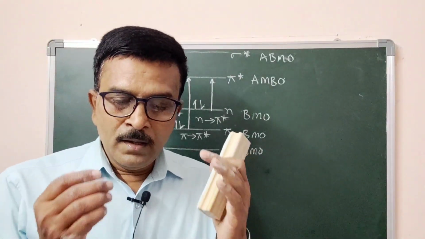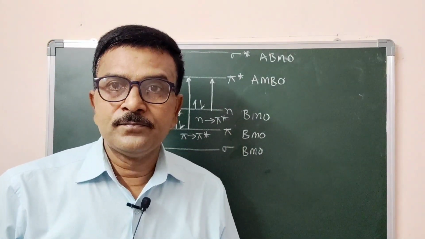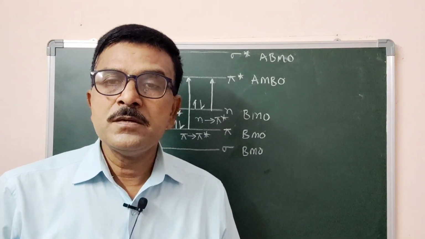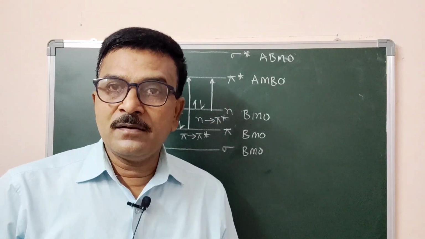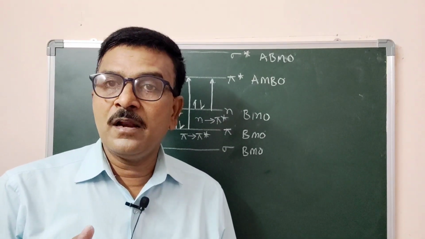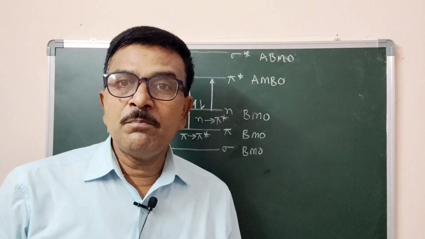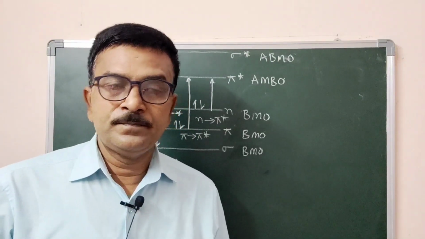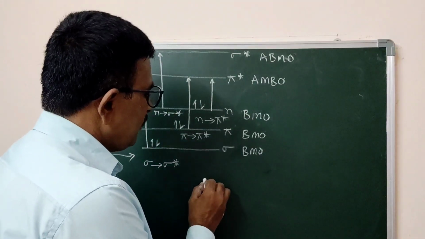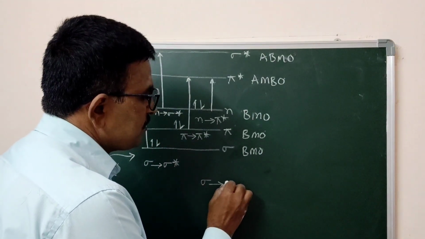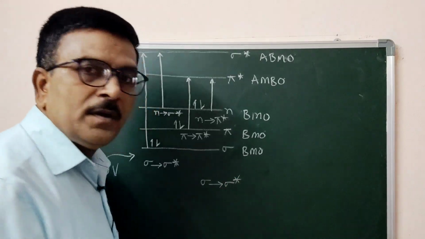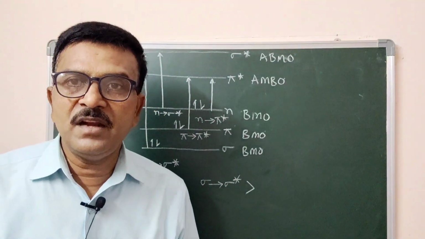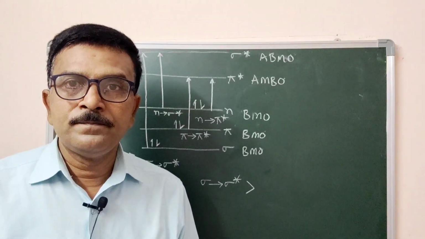That is, in order to shift an electron from the sigma bonding molecular orbital to the sigma anti-bonding molecular orbital, it requires more energy. For the sigma to sigma star transition, high energy is required.